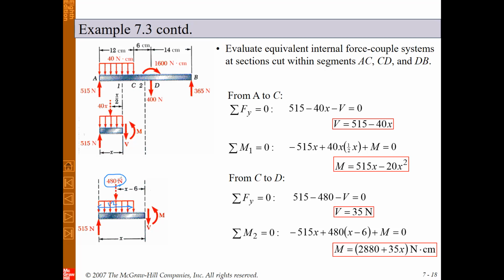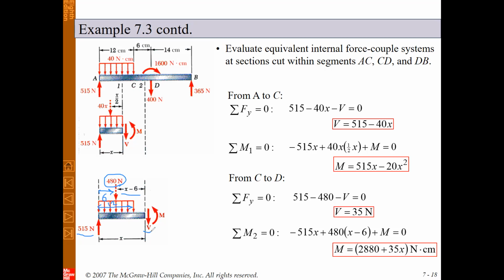And the distance between this equivalent concentrated force and the section is x minus 6, because this length is 6 centimeter and the total length is x. So this distance is x minus 6, and we have 515 Newton, similar to the previous part.